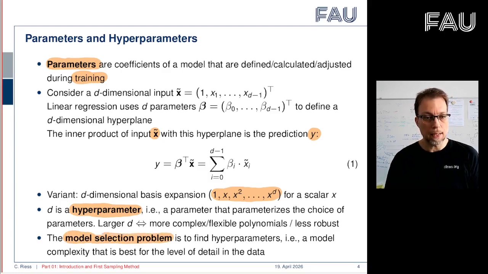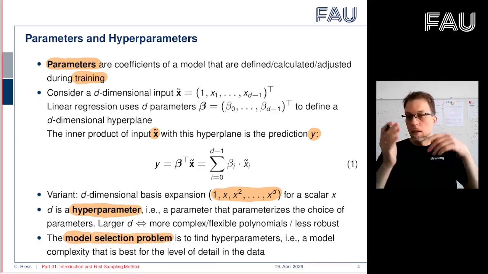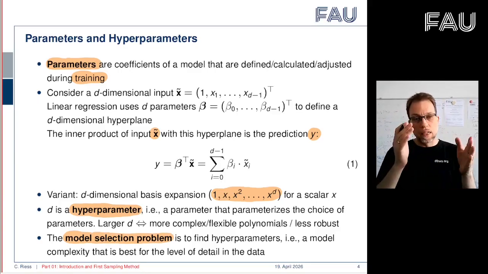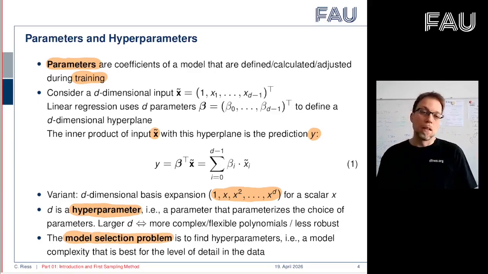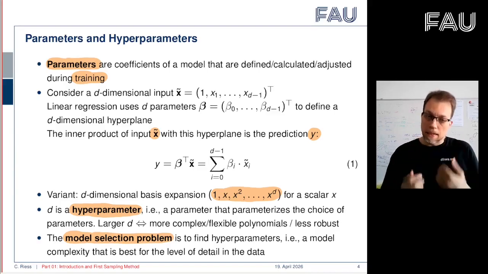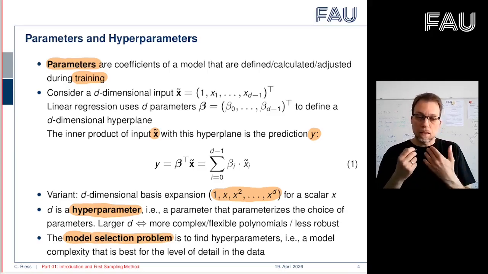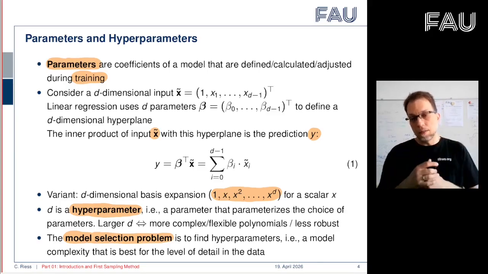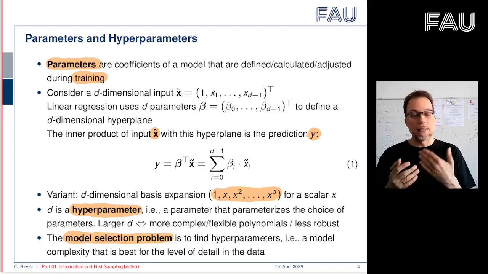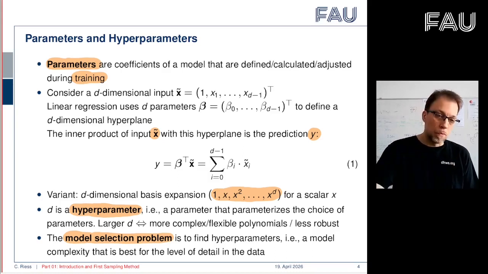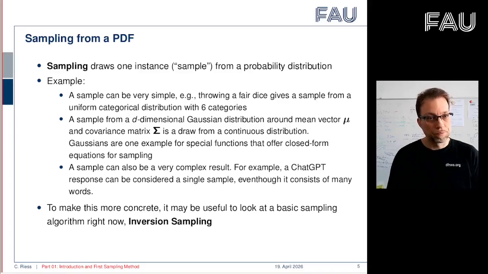There's a universe of models with hyperparameter d equals 1, d equals 2, d equals 3, and so on. The model selection problem is to find hyperparameters that tune the model complexity best for the level of detail that we are seeing in the data. We talk more about this in the future.